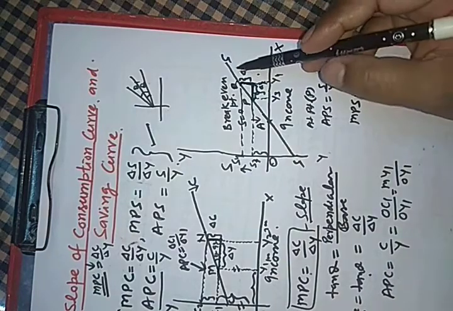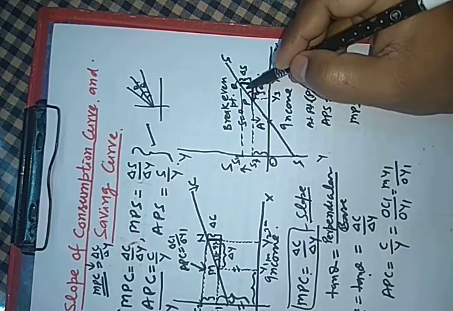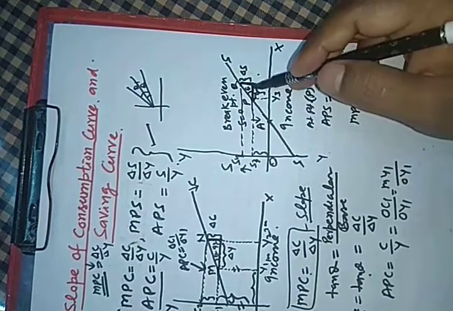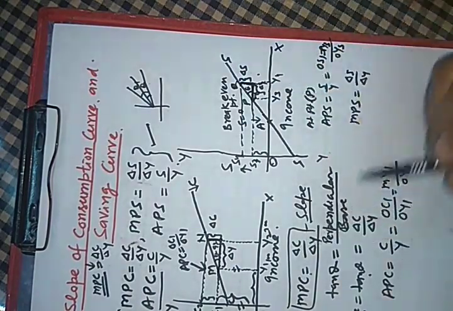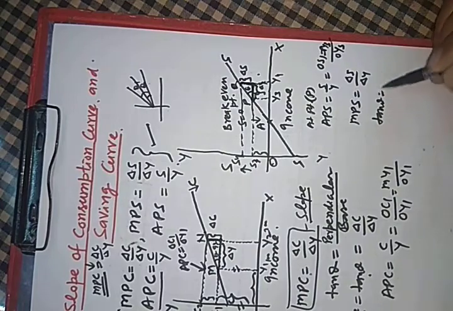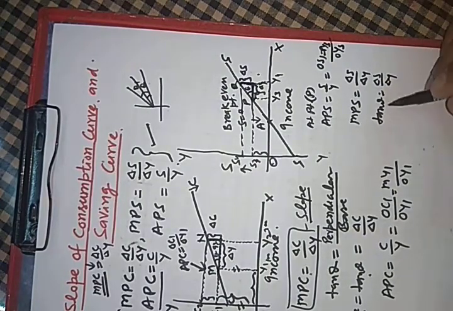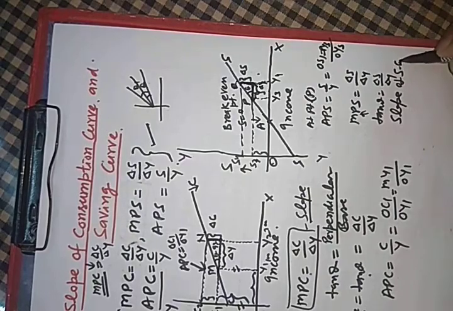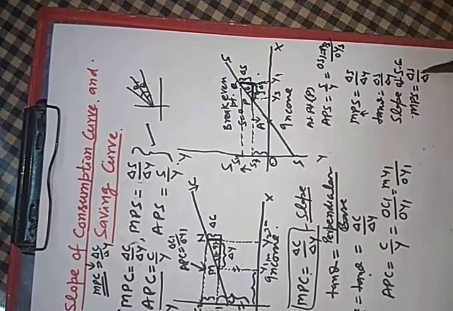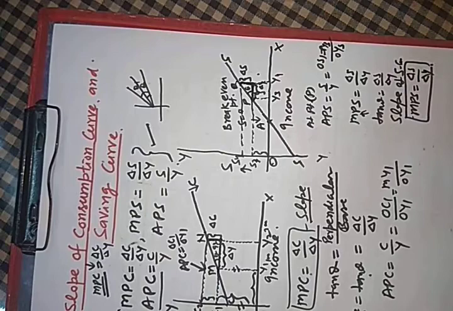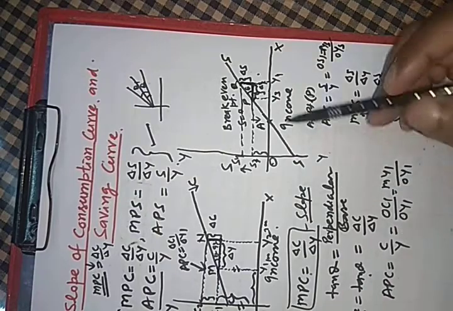This angle shows the slope of the curve, tan theta is equal to delta S upon delta Y. So it can be denoted as the slope of the saving curve, the S curve, which is MPS, delta S upon delta Y, right students?